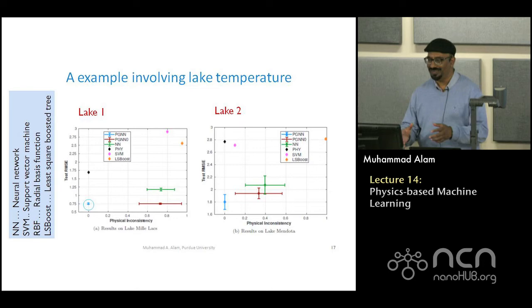And by physical consistency, what it means is whether it respects that curve, whether there is higher density at a lower depth versus the other way around. So 1 means physics is gone. There is no consistency whatsoever. 0 means at every point you ensured that it is consistent. You did not violate it. And this is the error.